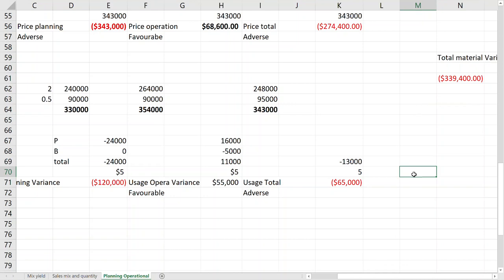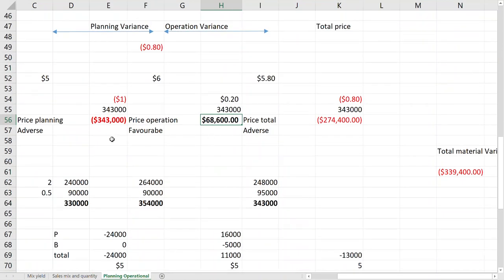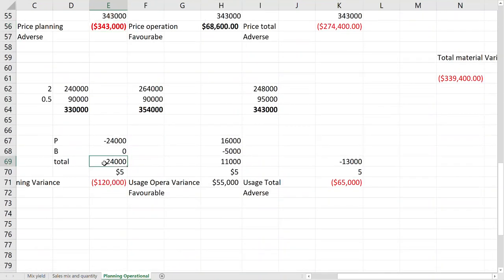We have spent 339,400 more on material: 274,000 because of price, 65,000 because of usage. Now, we saved 68,000 in price in terms of operational variance, but we incurred 343,000 more in terms of planning. So in both cases, it is the responsibility of planning.